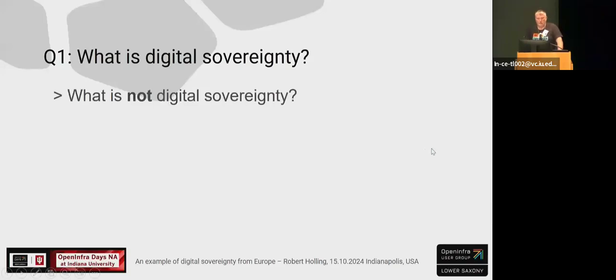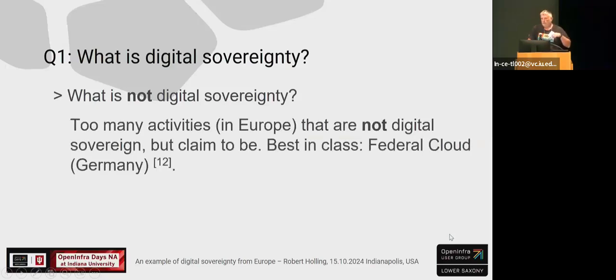What is not digital sovereignty? Obviously, every solution where one of the previously mentioned points is not met. As a result of this assumption, there are in Europe, especially in Germany, too many activities that are not digitally sovereign, but claim to be. The best in class is a federal cloud in Germany.